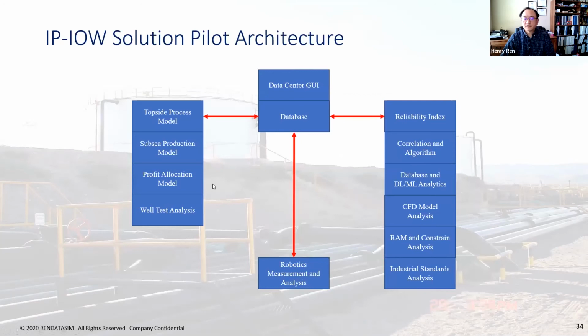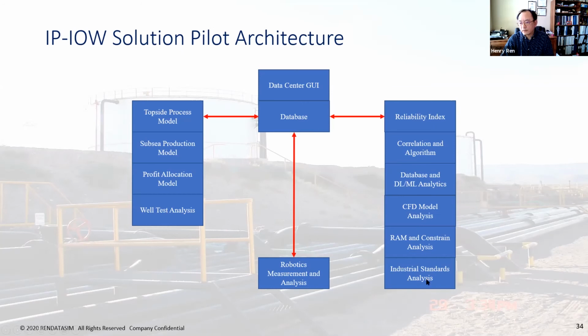This is the architecture. On one side, you have all the process solutions, providing the process information, especially the flow rate, the velocity, and the phase information. And you have the robotics, which they developed, as I said, as an isolated application for wall thickness measurement for the elbow, for the subsea and topside choke elbow, and it goes to the database.